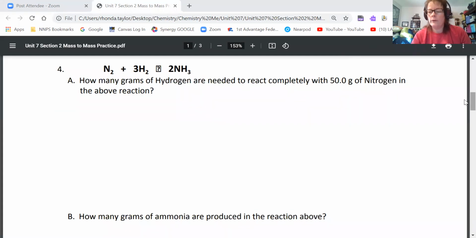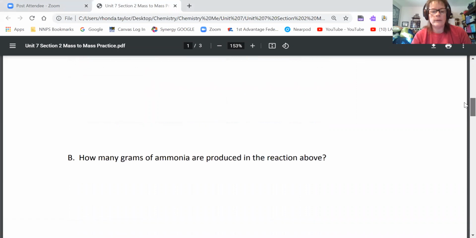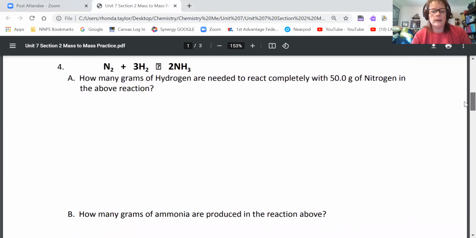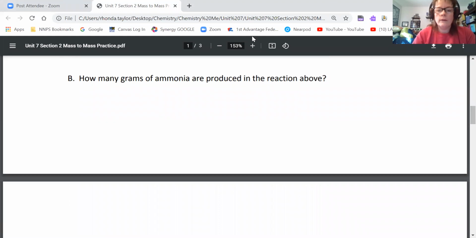Okay, now on to part B. Now we're looking at the grams of ammonia produced in this reaction. Well, let's go back up because we can't see everything in this picture. Actually, I'll just rewrite the equation. That way you can see it.